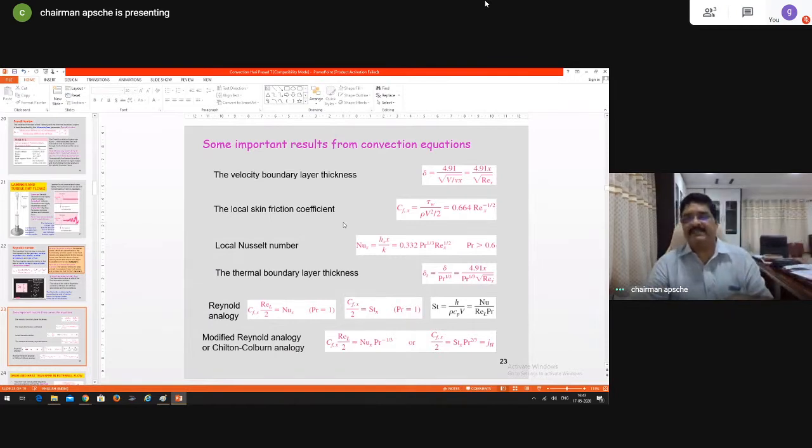So Cfx, just now I told you, is the skin friction. What does x mean? x means at a given location, the local skin friction coefficient. Cfx is given by 0.664 Re_x whole raised to the power minus 1 by 2, that is 0.664 divided by under square root Re_x. Re_x is again rho V x by mu.